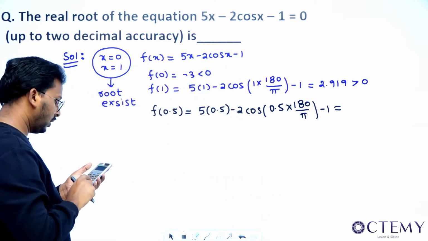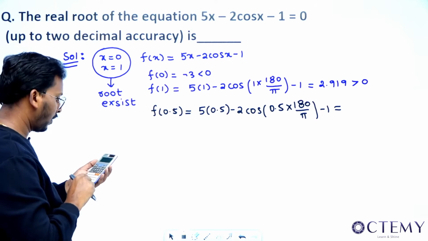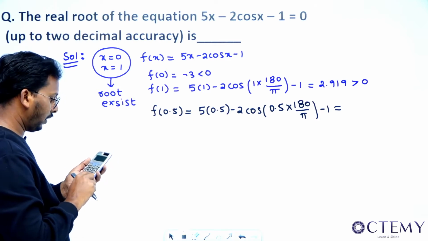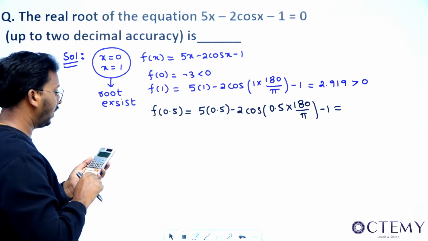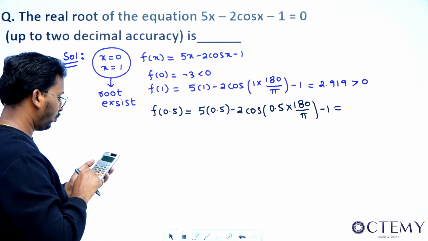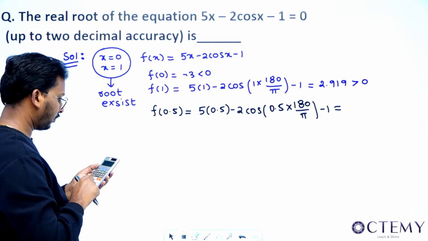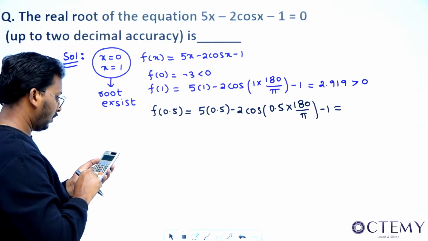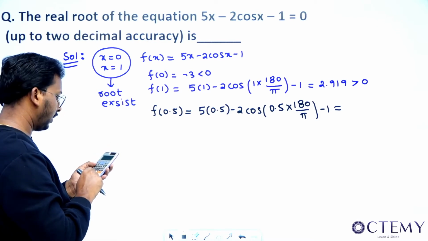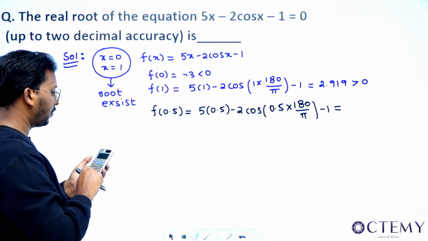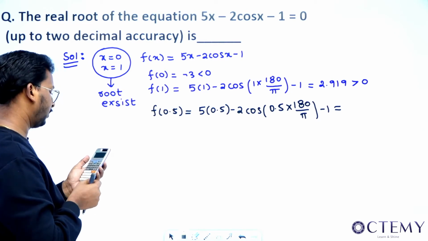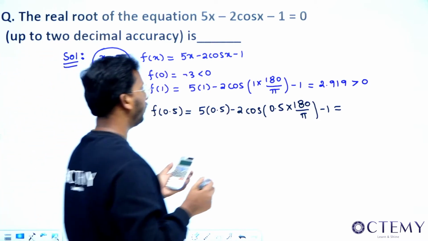If you want to do this, see sir, what will it become? 5 into 0.5 is basically 2.5, minus 2 into cos 90 divided by pi, minus 1. That is coming up to be negative, sir.